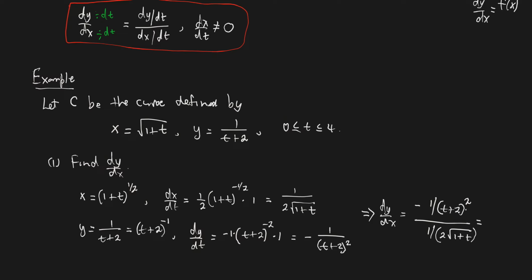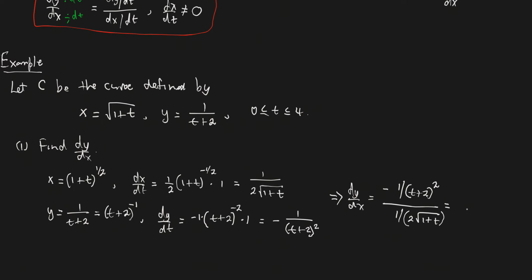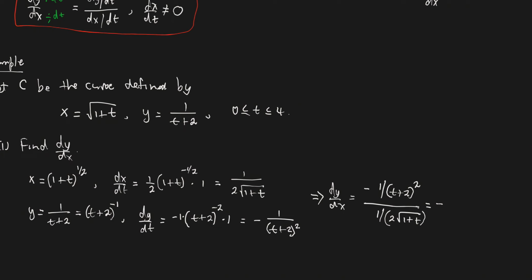And then let's see if we can simplify this and just get a nice fraction. So we'll have a negative in front, right? When I divide by this fraction, I have to multiply by its reciprocal, right? In fact, maybe I shouldn't skip this step.